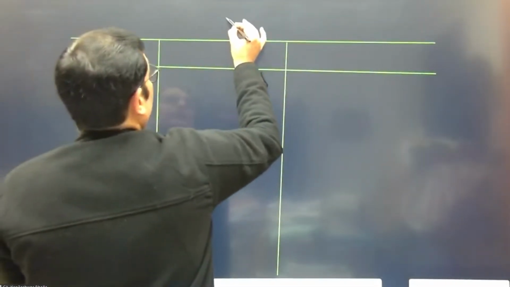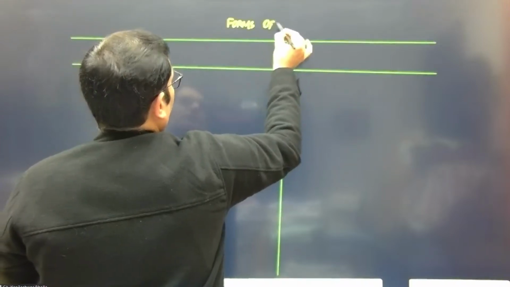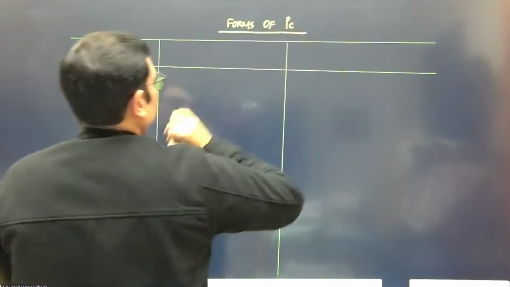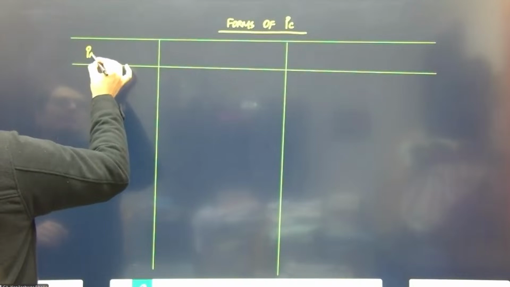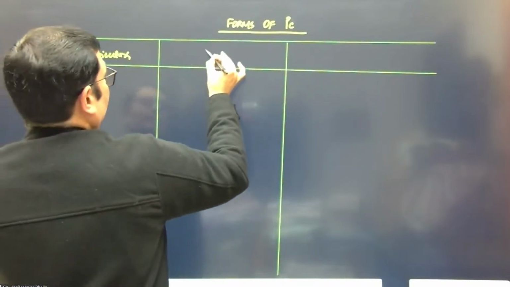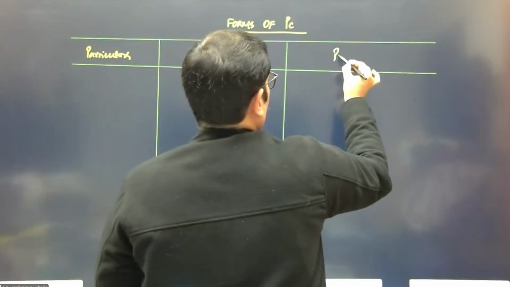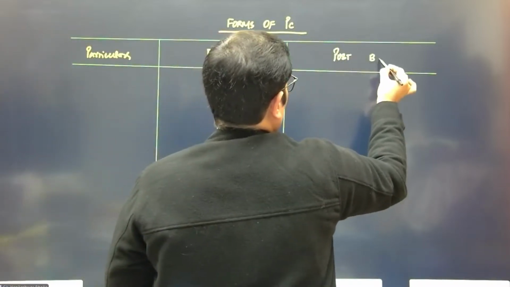So I am working on the concept of the forms of purchase consideration. Let's take a column, particulars, and we're going to see what happens on the date of acquisition and what happens post-business combination.